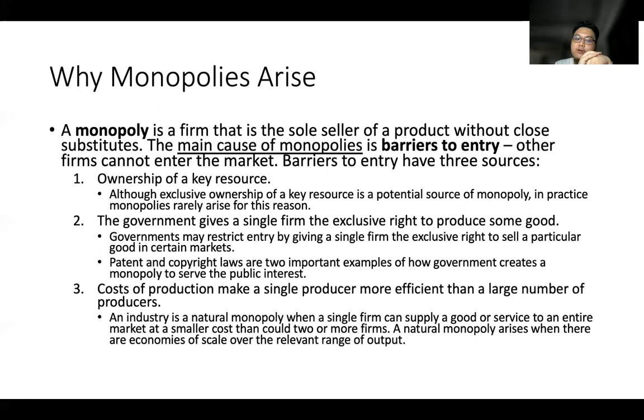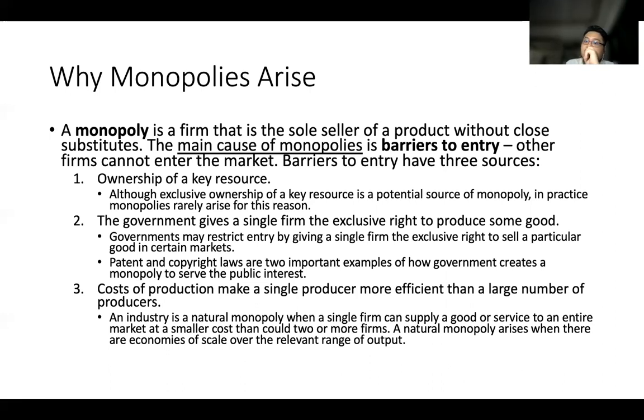And number three, cost of production makes a single producer more efficient than a larger number of producers. And this is usually the natural monopolies, right? There are monopolies that are called natural monopolies because they're the only ones who really can provide the service, given the scale of costs that you incur. If you put it in a competitive setting, it is not really realistic.